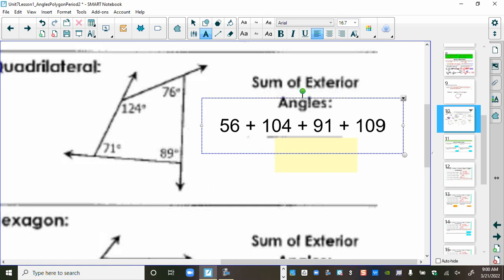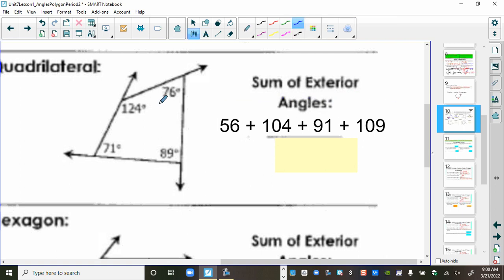I just went clockwise. You can check it. We add those up, do we get 360? Would we get 360 if we add these four numbers up? Okay.